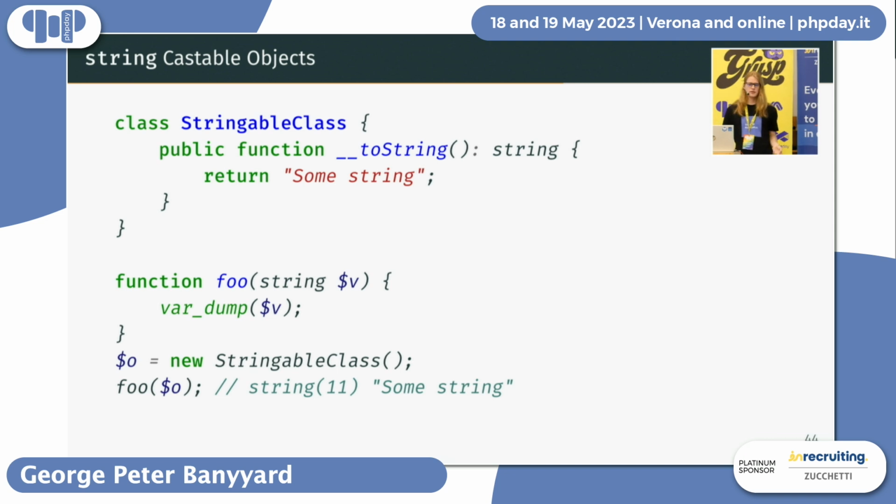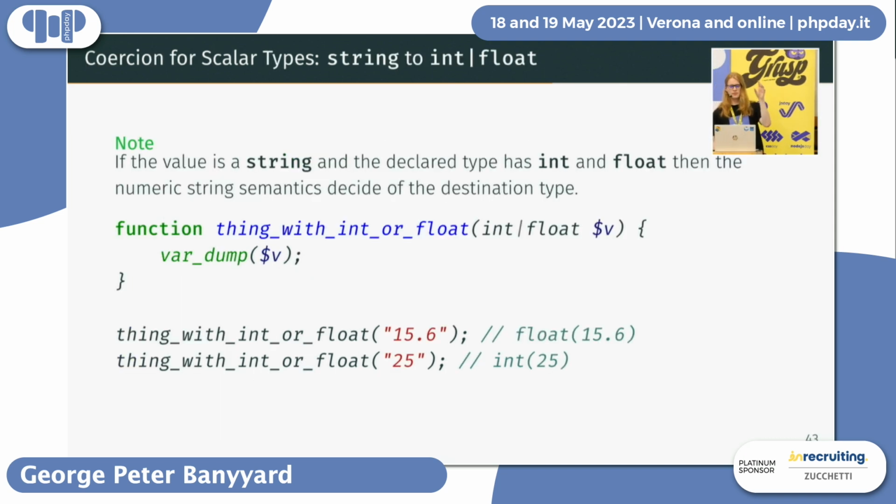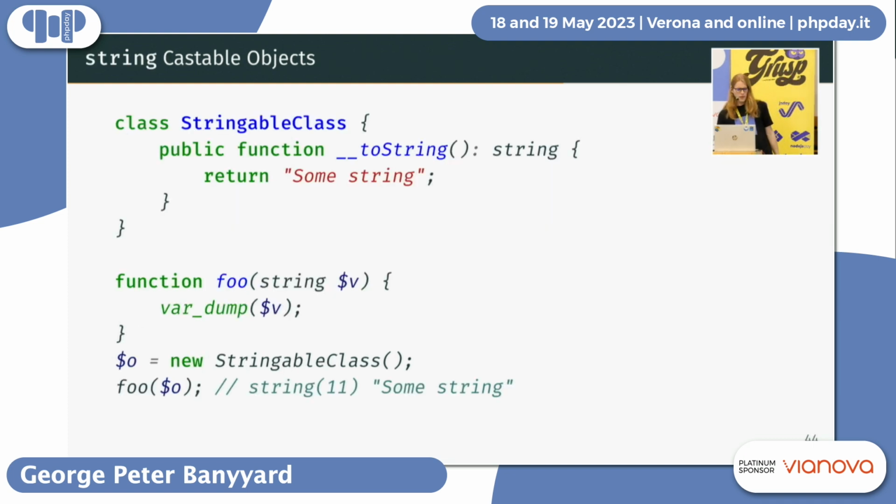So yeah, stringable, string-castable objects. With the previous thing, if you try to pass a string object to this declaration, it will not do the cast because it's not a scalar. This only works with actual strings and not stringable objects. But yeah, if you pass a string and you have the toString method, then it just casts the object to string and then it passes.